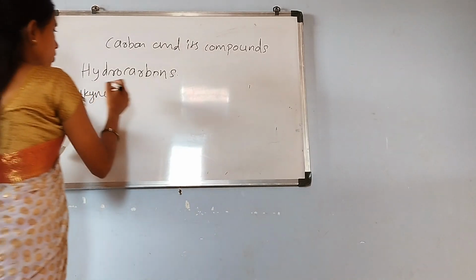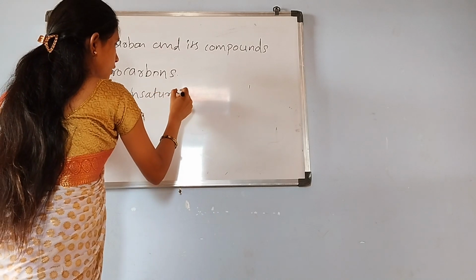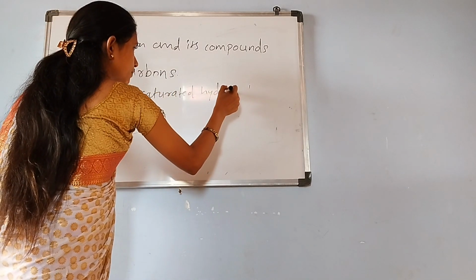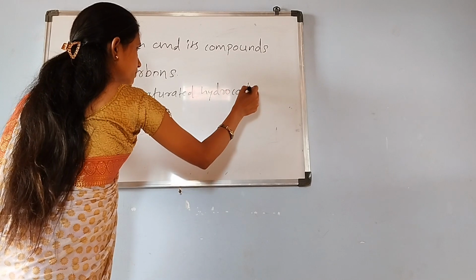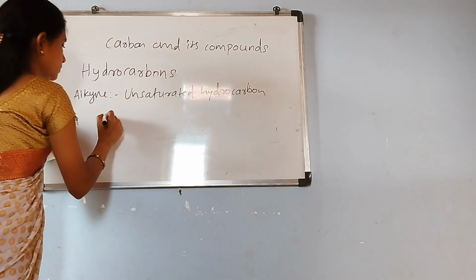Alkyne is also an unsaturated hydrocarbon. Here a carbon-carbon triple bond will be there.